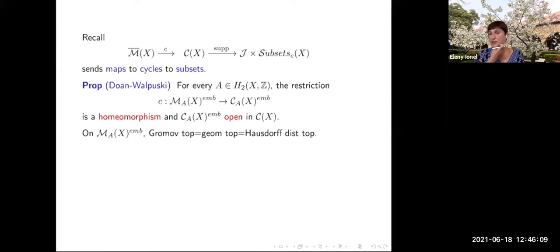That's a consequence of the results I stated earlier. So if you only care about embedded things and you fix the homology class, it doesn't really matter if you put on them the Gromov topology, the geometric convergence topology, or even if you think of them as subsets with the Hausdorff distance topology. Those are all the same. Okay. Any questions about this?